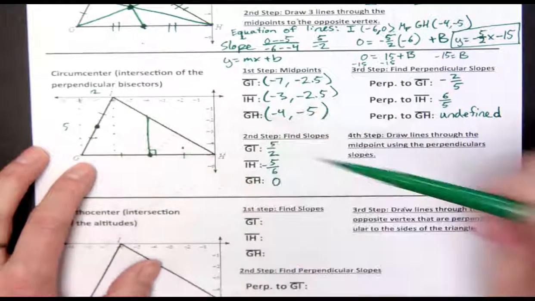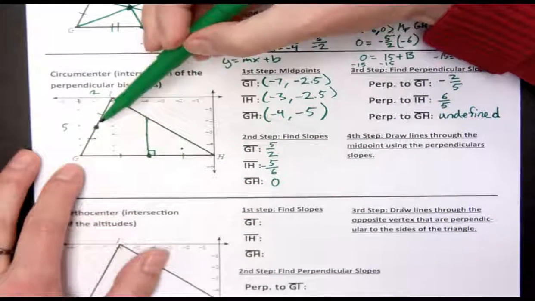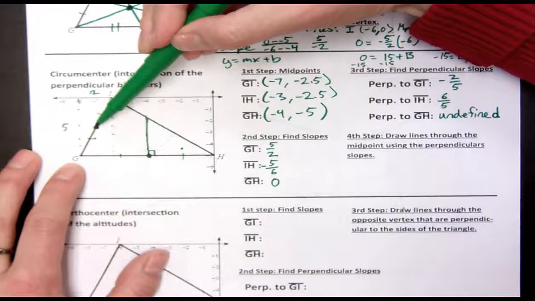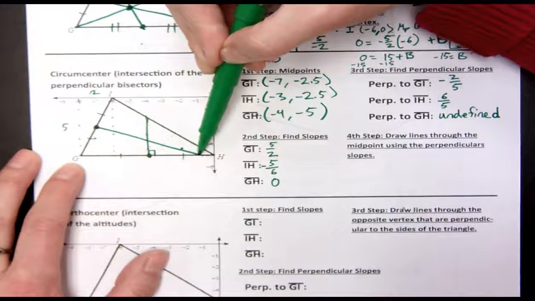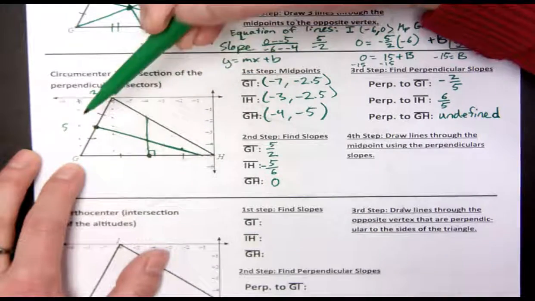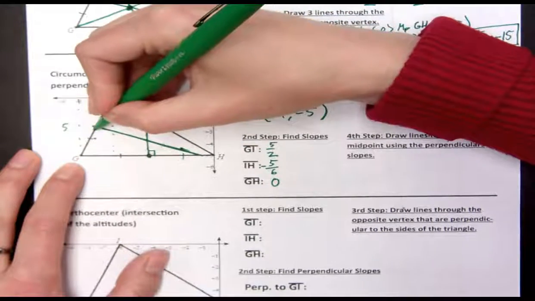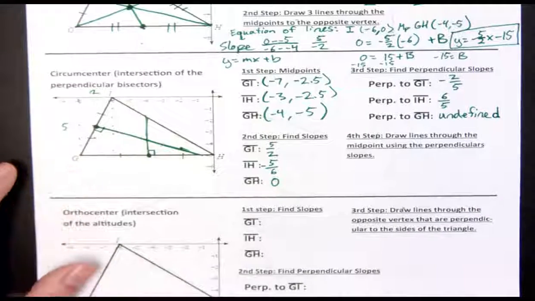So my next point would be about here. And on your project you have really good graphs, so it will be more exact than what we're doing now. But I'm going to come across, and my line's going to go something like that. Again, it's perpendicular.